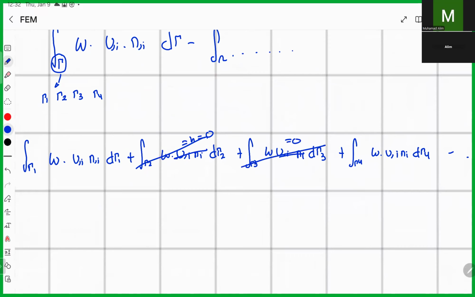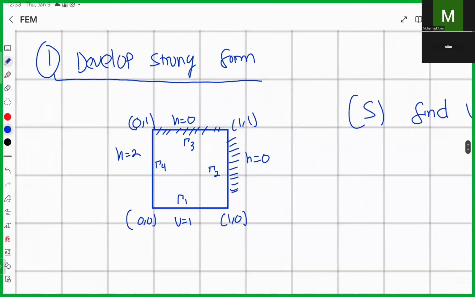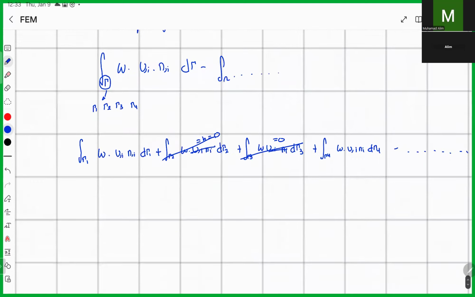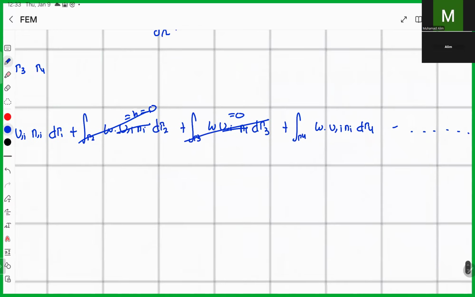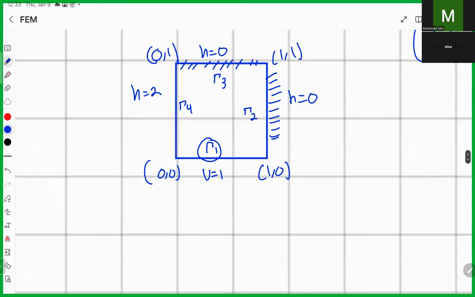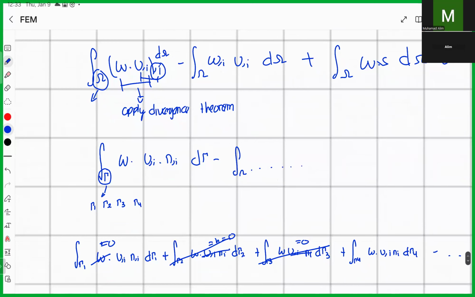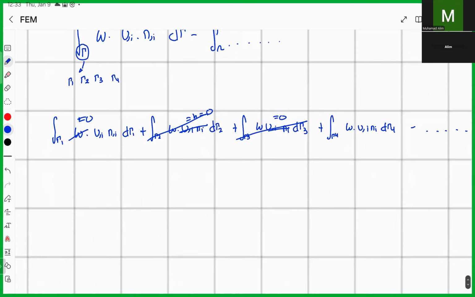And then if we see the domain at 1, we have defined the domain as 1. So basically, we don't need any information for the wave function. So it is also 0. And then for surface 4 here, we have h equals 2, which is the only necessary thing, but we're going to apply it later, at the very last.